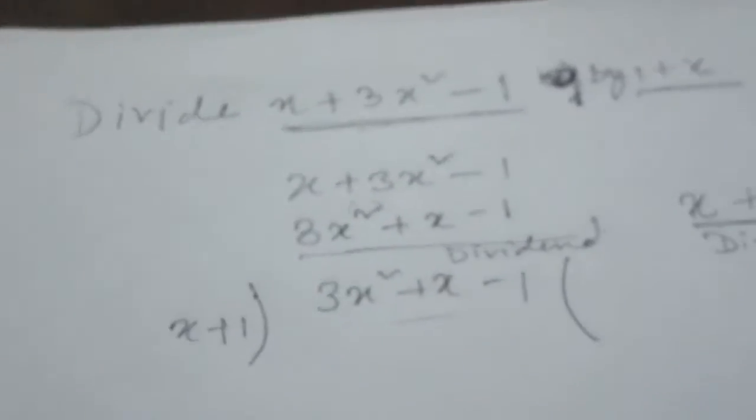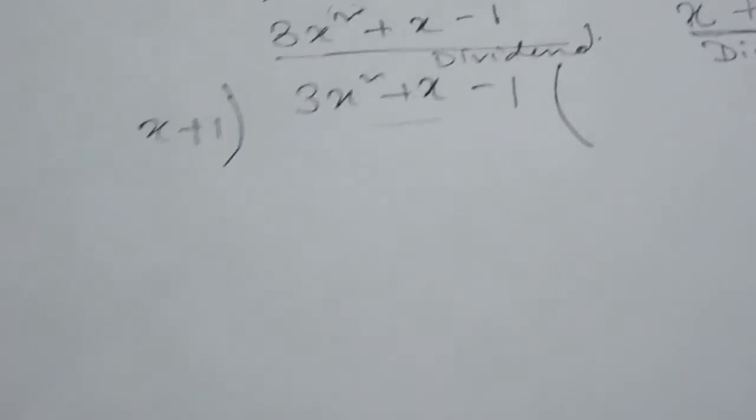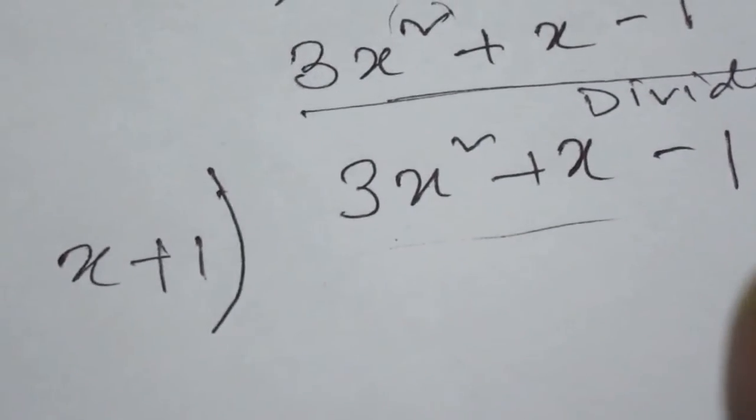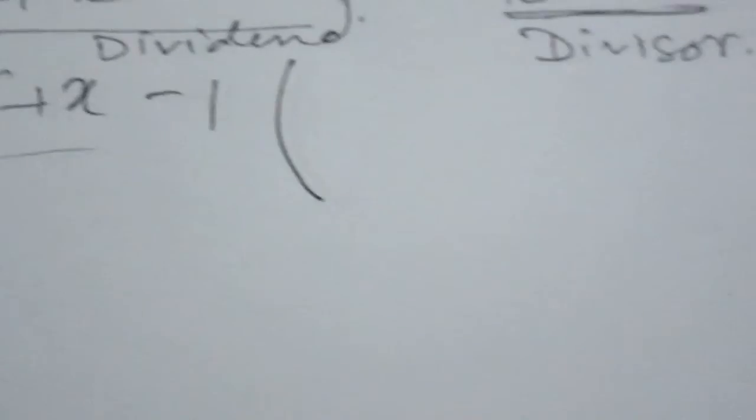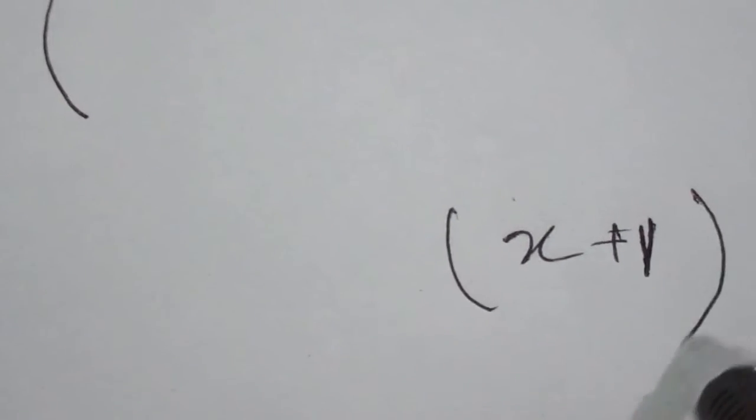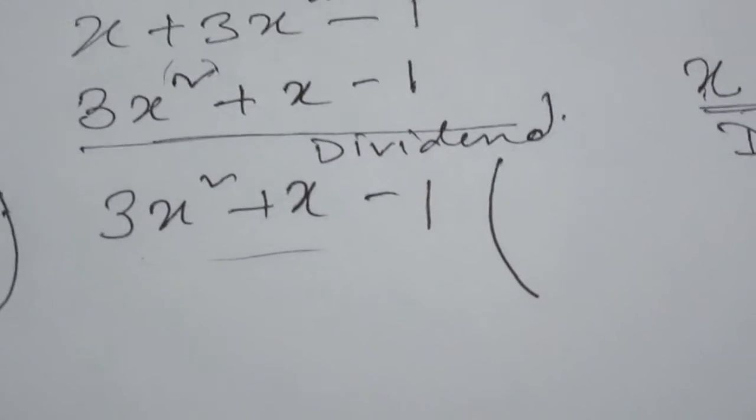Okay, so now what we have to do? See here the divisor is x plus 1, so we have to write this x plus 1 here. Now we have to find out a number.